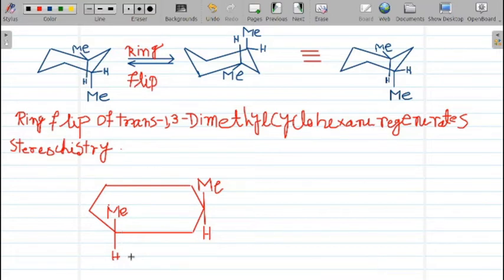So this is a cis 1,3 disubstituted cyclohexane, that is, cis 1,3 dimethyl cyclohexane. Here two methyl groups are present in the same plane.